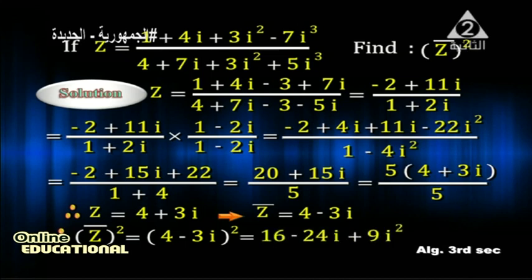First times second times 2 is negative 24i, plus 9i squared. You know that i squared equals negative 1. Then 16 minus 9 equals 7 minus 24i. This is Z bar all power 2, which equals 7 minus 24i.